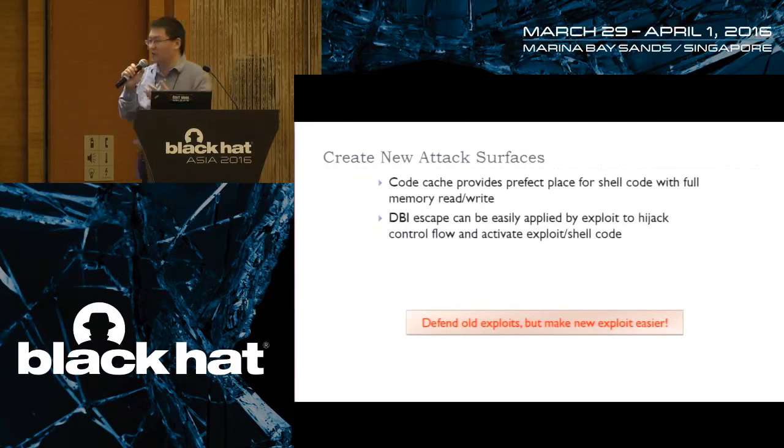People can easily put shellcode there and use DBI escape, done. You cannot stop that, right? So we think you can defend against some old exploits, but you make new exploits much easier, because you provide a writable executable buffer that we have been trying to get rid of for many years.